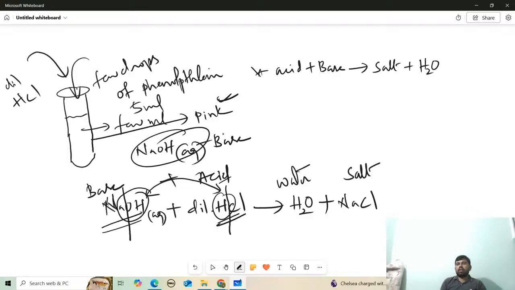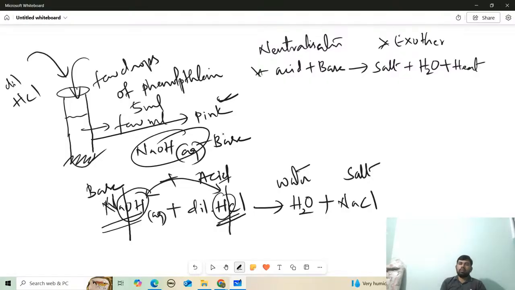If you touch the surface of this test tube, it will be warm, which means it is producing heat energy. The name of this reaction is neutralization reaction. It is also called exothermic. Do you know the reason for exothermic? Because heat is produced in this reaction.